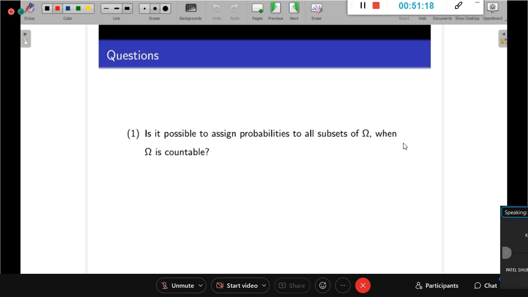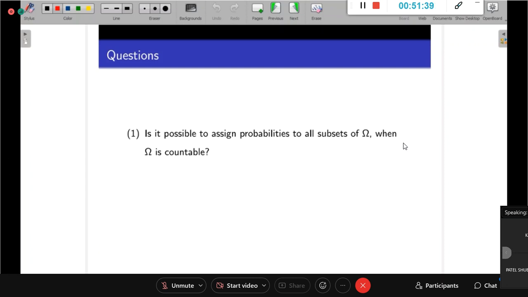But summing up will not give you the total probability 1. So if you treat the outcomes as equally likely, it will not be a probability function itself.